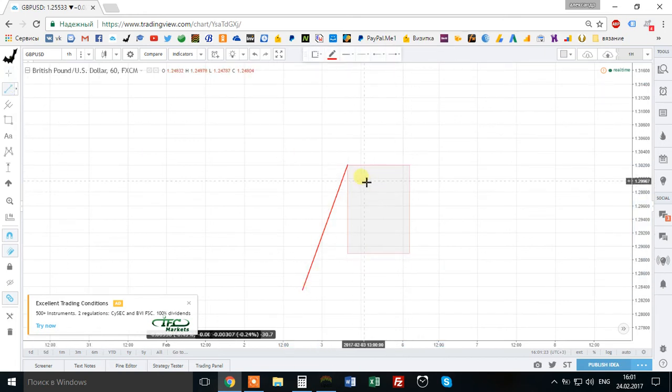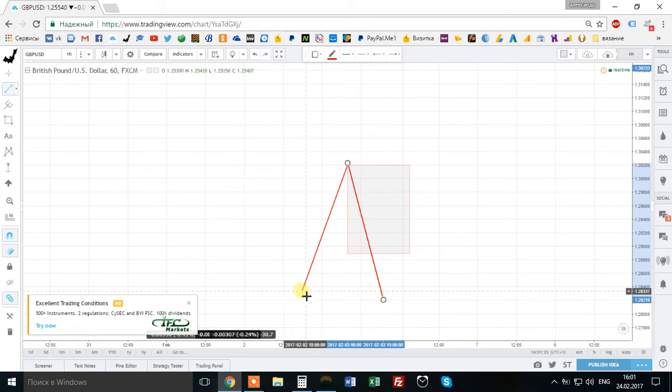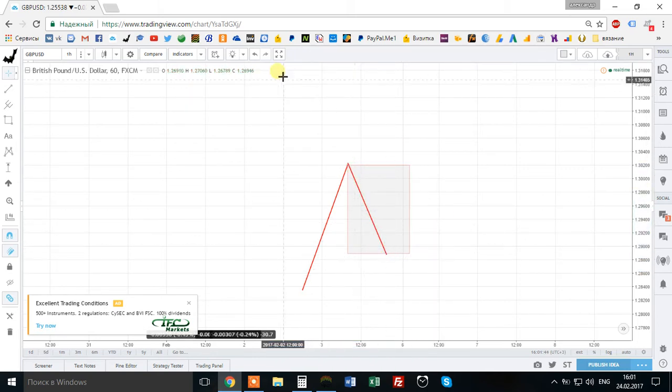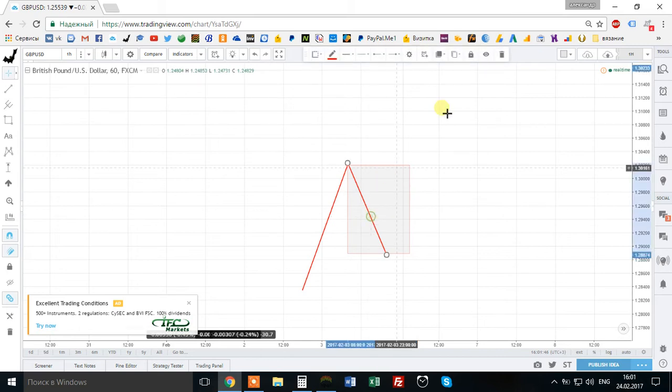If it goes deeper and violates the swing here, it is not a correction anymore. If it closes below, then it is an impulse. If it doesn't close below, then it is a retest. If it is somewhere within this range, it is a correction. So you are to look at those ranges of the previous impulse range.